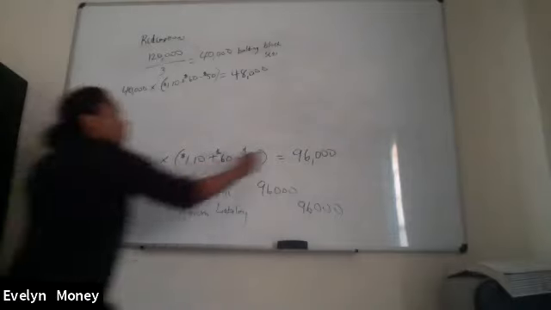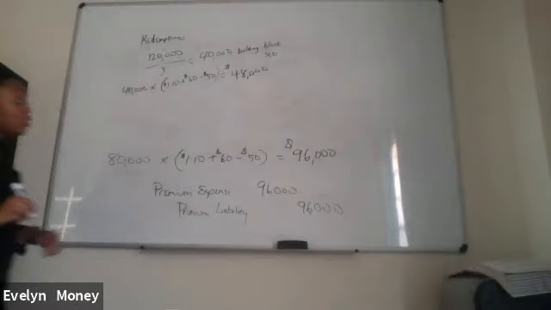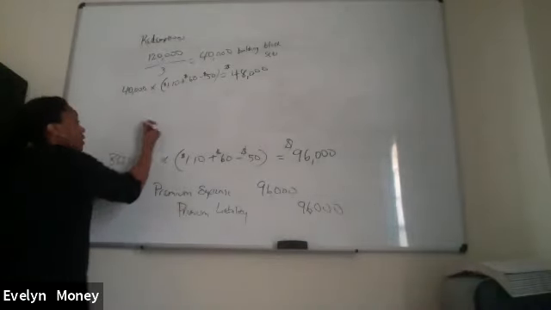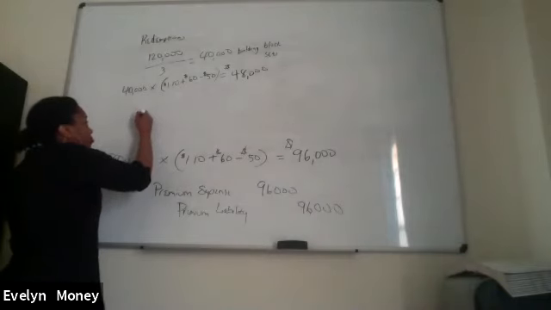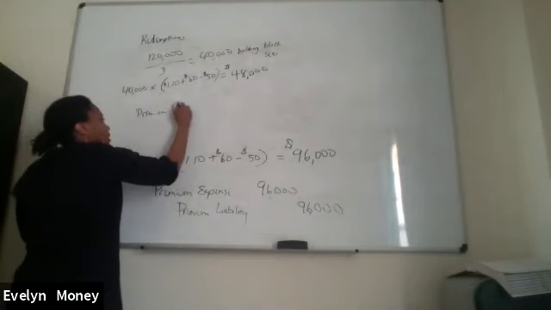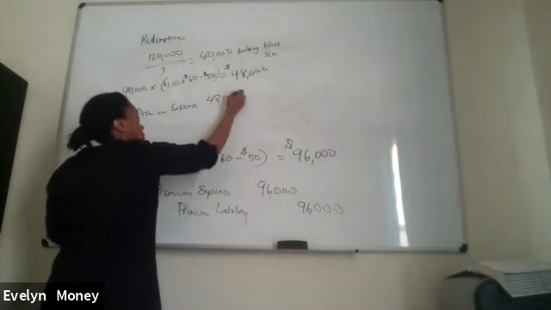Now, that $48,000 is a portion of my entry. So let's start working on the entry here. In the entry, I know that I need to debit premium expense for $48,000.